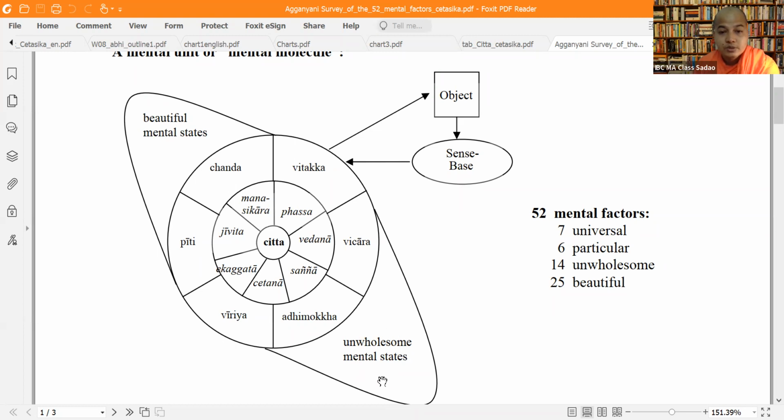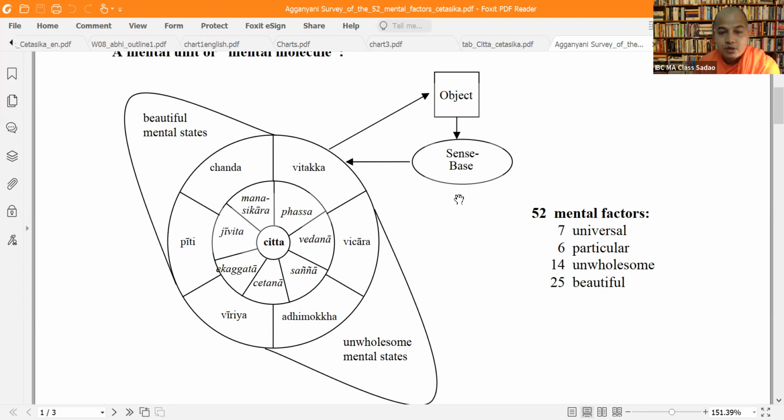So there could be unwholesome mental states present if it is an unwholesome Chitta, or if other beautiful mental factors are present, it could be representative of a wholesome or beautiful Chitta. Okay, now how does it function? These two sides, you do not take both together, just take one side, right?